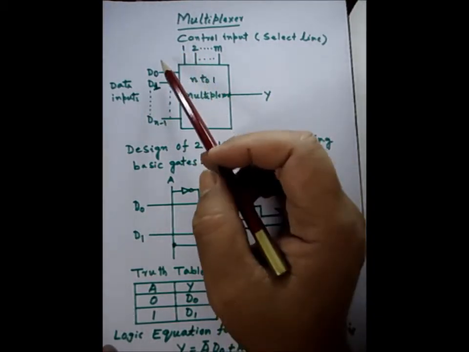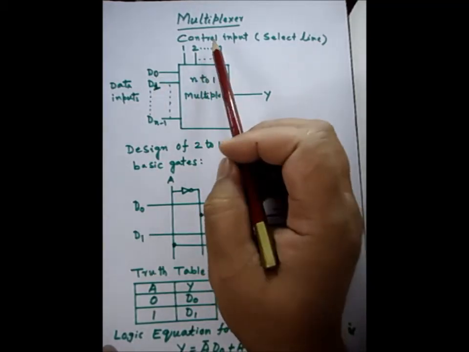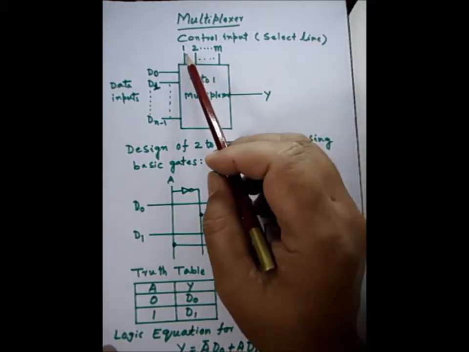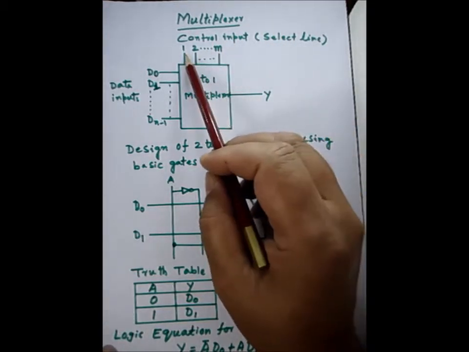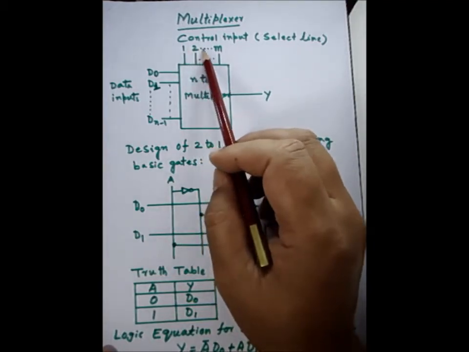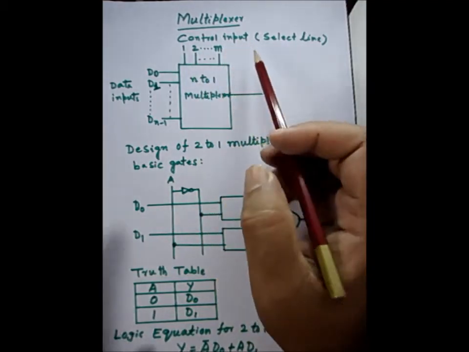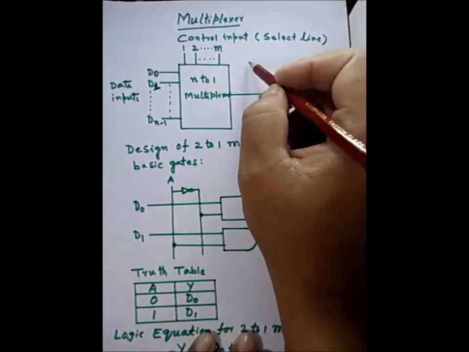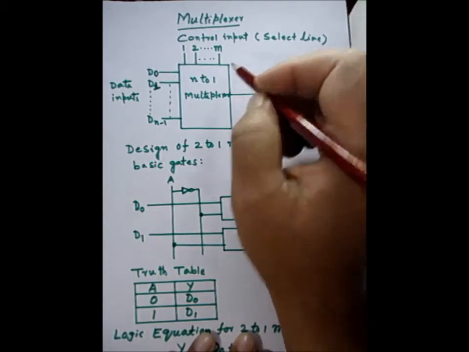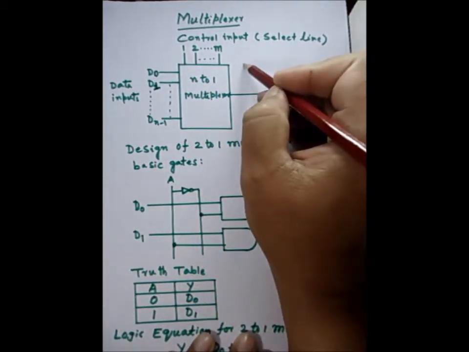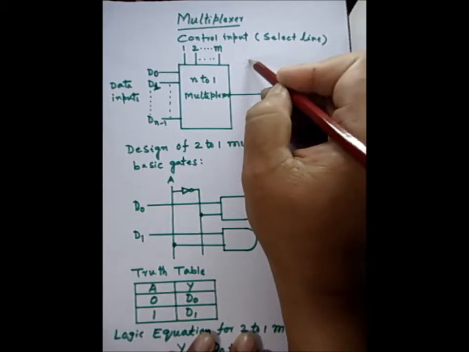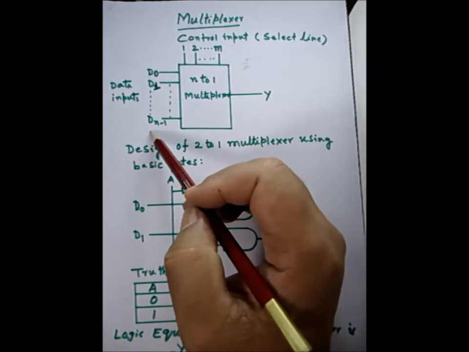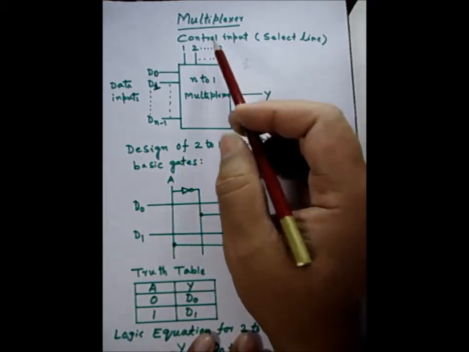Which of the inputs will become the output is decided by another type of input. We call it a control input or a select line, shown here as 1 up to m, and there is a relationship between them. The number of data inputs will be 2 to the power of m.